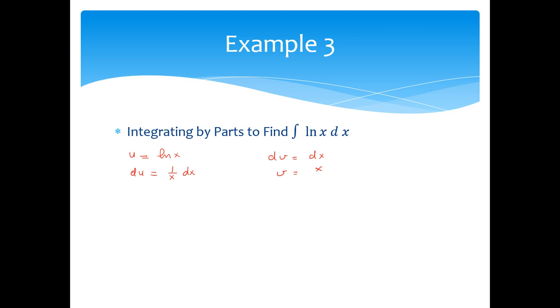So the integral of ln of x dx is going to be x ln of x minus the integral of x times 1 over x dx, which is x ln of x minus the integral of dx.